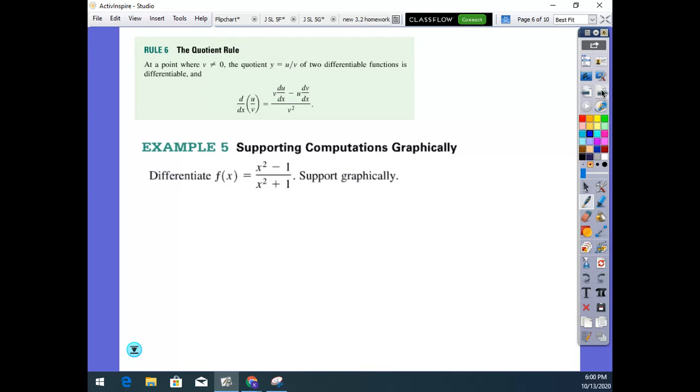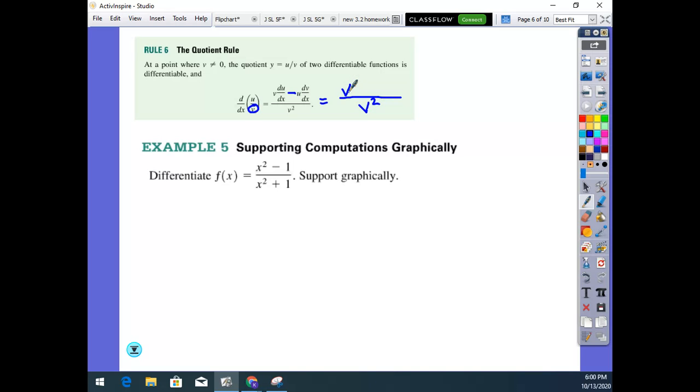All right, so just like your product rule uses plus, your quotient rule uses minus. Now, what I always do, whatever is on the bottom, I start with the bottom, square the bottom first. Then whatever is on the bottom is what we start with on the top.